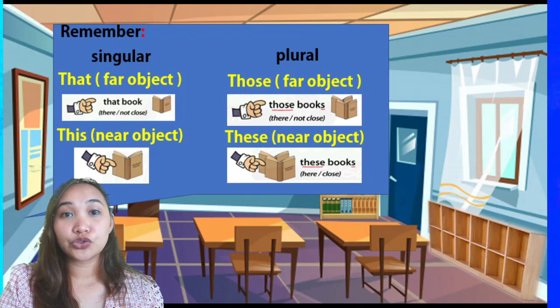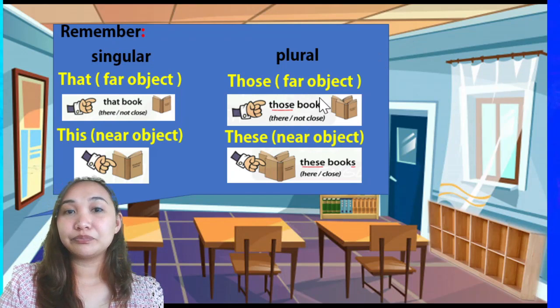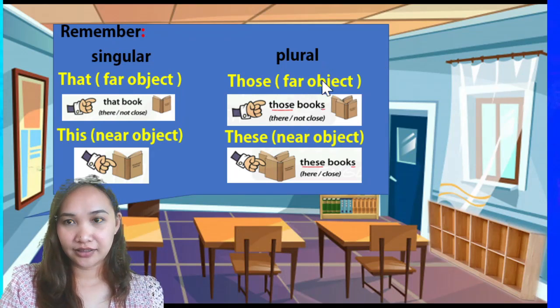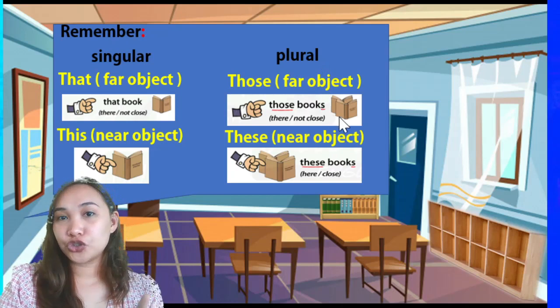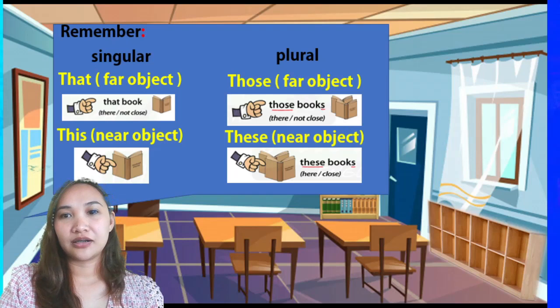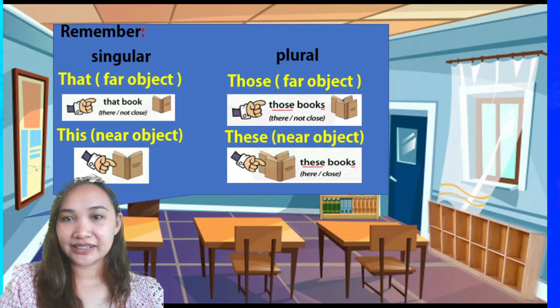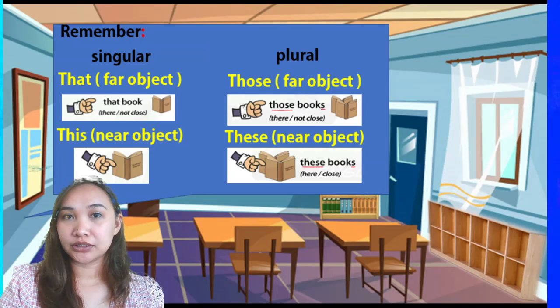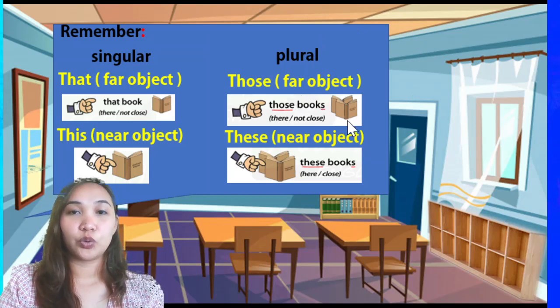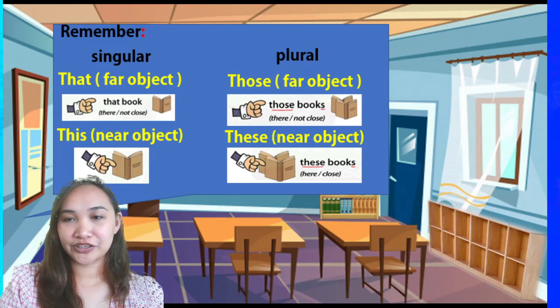And those if we are talking about a plural object, meaning the objects are two or more. Just like in this example, one book, you say that book. And we have two books here, you will use those books.